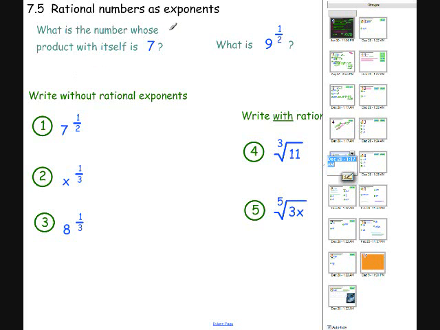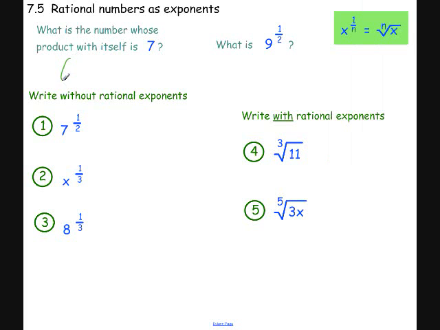Okay, let's start with a question here. What is the number whose product with itself is 7? I'd like you to pause for a moment and consider what that would be. Two numbers that, by the way, they're not right.